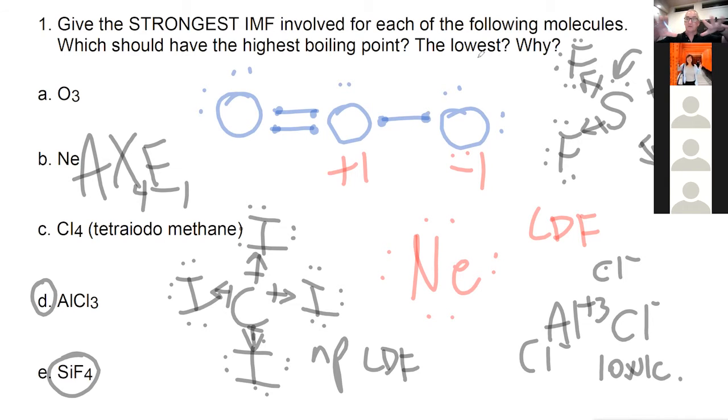So those 4 bond dipoles are not all pointing in exactly opposite directions. They're pointing slightly in the same direction, giving the overall molecule a molecular dipole. So what would be the strongest intermolecular force for that molecule?